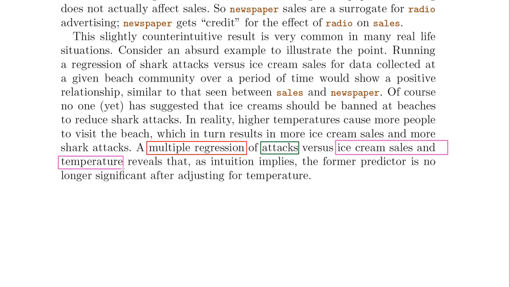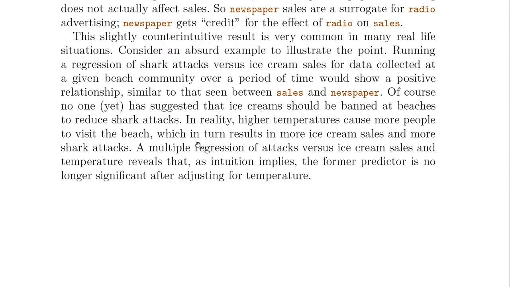It reveals that, as intuition suggests, the former predictor is no longer significant. So ice cream sales is not actually a significant predictor. You could go so far as to say it's irrelevant to predicting the number of shark attacks, now that we've included temperature.